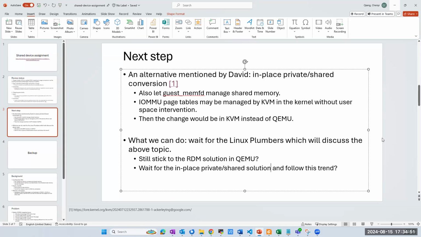Yes, they should be notified about this change if they want to enable that migration in future. Well, it depends on this RDM framework. Okay.